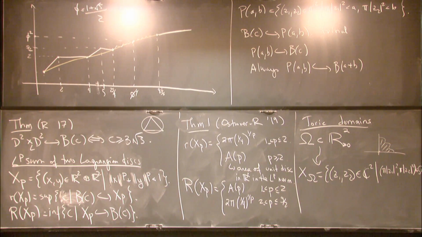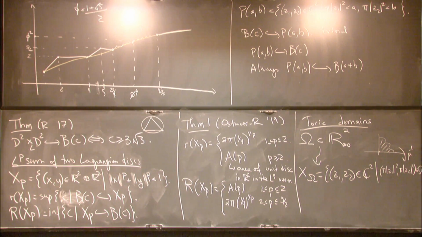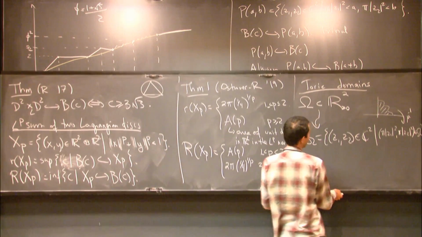So this is basically the pre-image of the standard moment map. If you know what the moment map is, this is just a pre-image of it. Okay, so this is a toric domain.